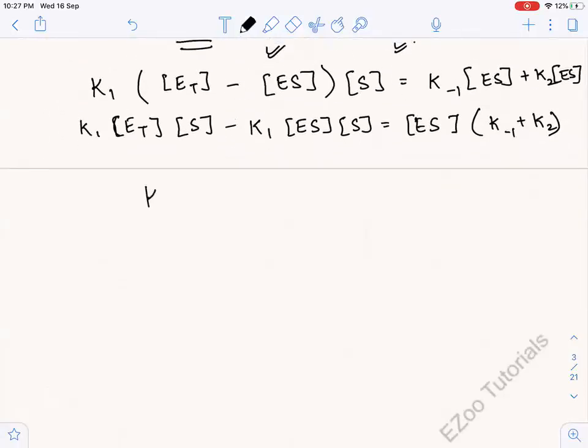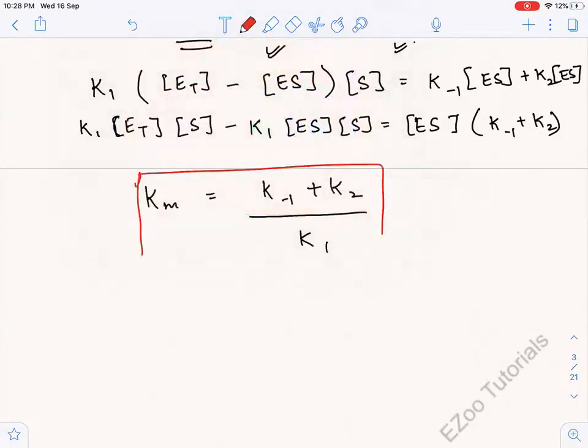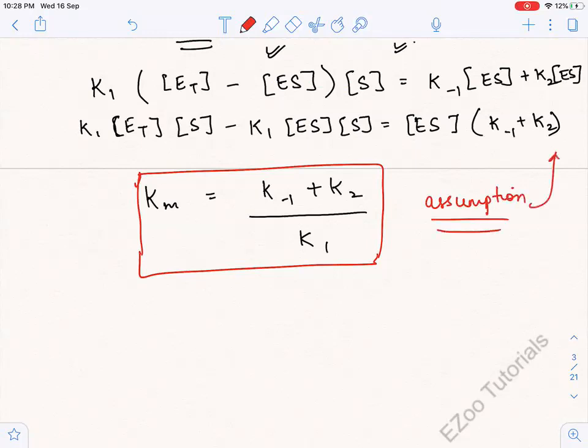अब एक Km होता है, दिस इज K-1 प्लस K2 अपॉन K1. ये क्या होता है, दिस इज an assumption that we make. This is an important assumption that we are making. So we don't have to prove this, we have to plug this in this. ठीक है, तो this is what is Km?